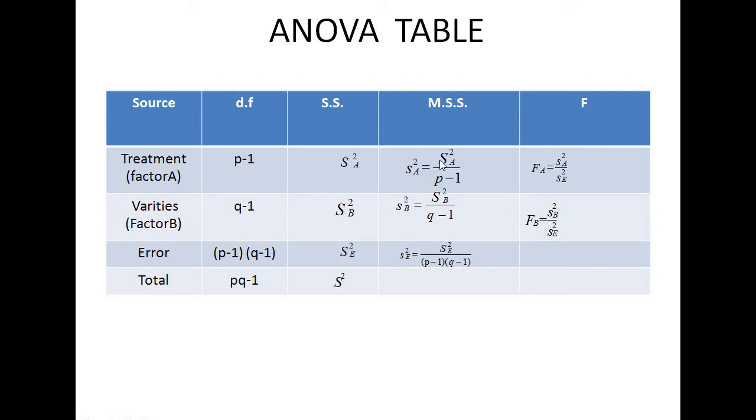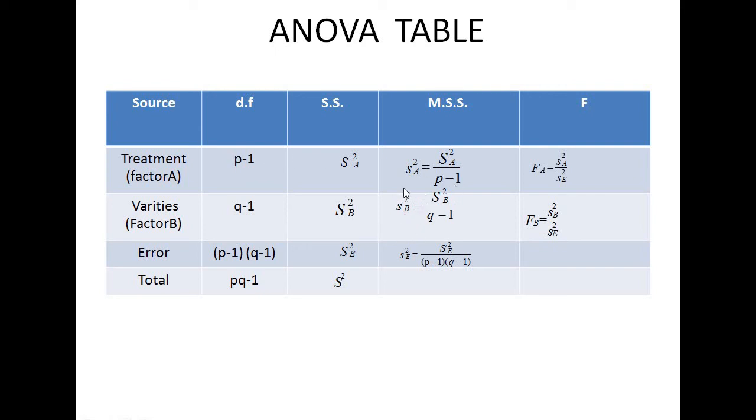And the mean sum of squares are obtained by dividing the sum of squares by their respective degrees of freedom. Here, mean sum of square due to treatment is represented by small sA square. So, we have divided total sum of square due to treatment by their respective degrees of freedom P minus 1.